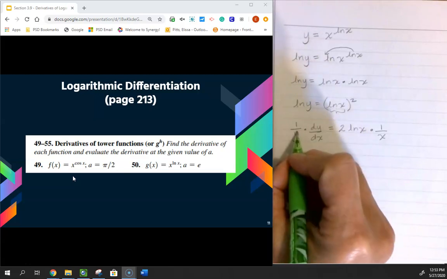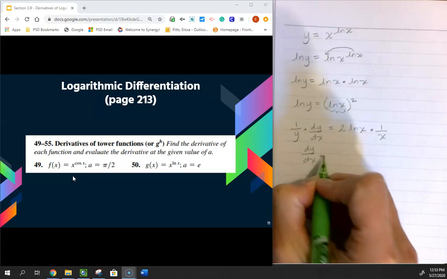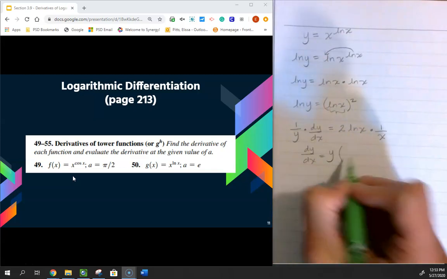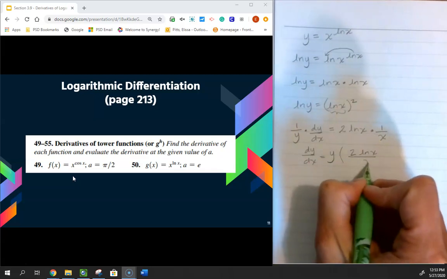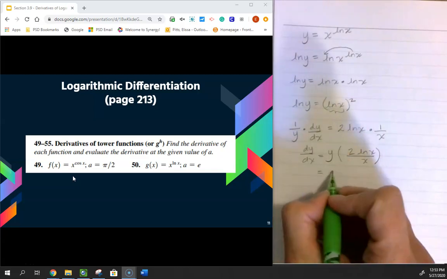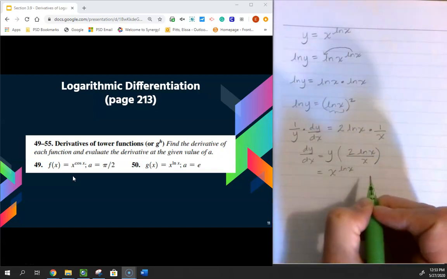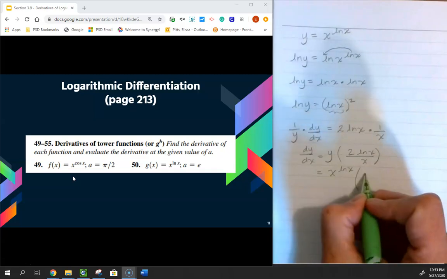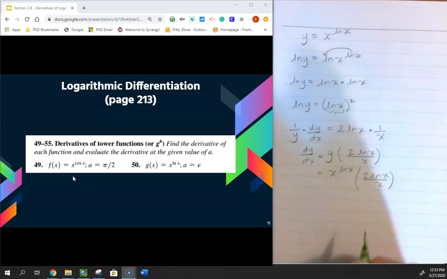I'm going to multiply both sides by y to get rid of this, so I get dy dx equals y times 2 natural log of x all over x. And then I know that y is equal to x to the natural log of x times 2 natural log of x over x.